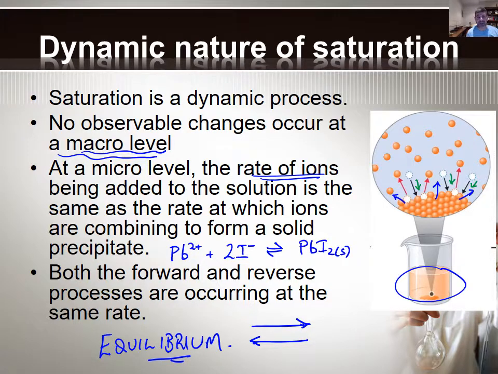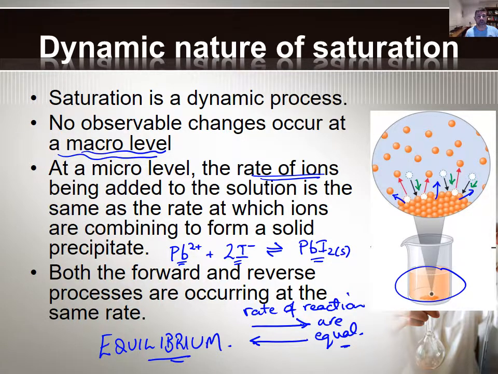Now, because this has low solubility, the number of ions will be small and the amount of solid will be large, proportionately. Equilibrium does not mean equal amounts, it means equal rates. So the rates of reaction are equal. And this makes it much easier for us to understand these processes and how they are occurring.